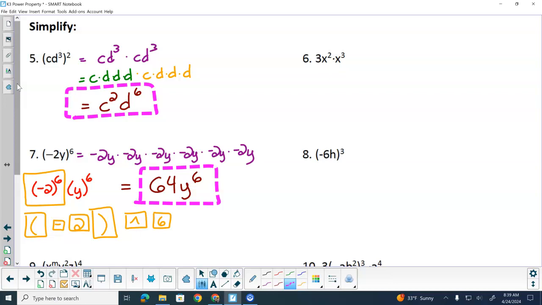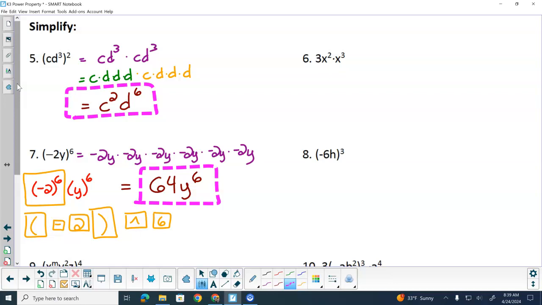Okay, what do you got for me in number 6? So you got 2 x's in your answer, right? Do I like that? No. So first off, my question to you is, is the 3 being controlled by an exponent?